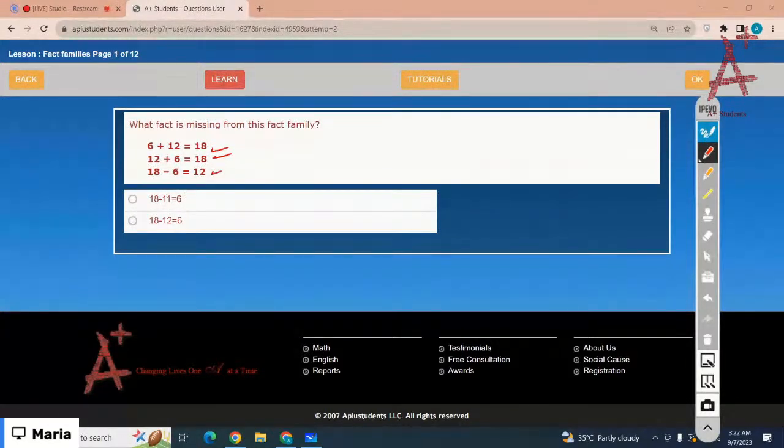That means the missing sentence is related to subtraction. So the missing sentence must have the same numbers, right? 18, 6, and 12. So that would be the second option, right? Because they have the same numbers 18, 12, and 6. Also, you can just swap the positions of these two numbers. So 18 minus 12 equals 6. That would be the second option, right?